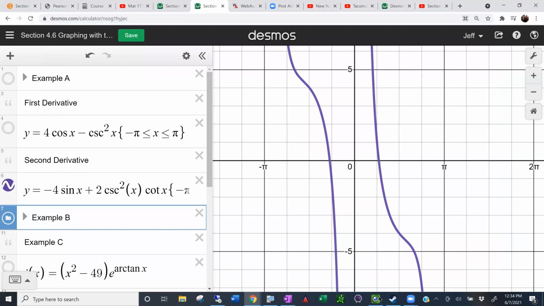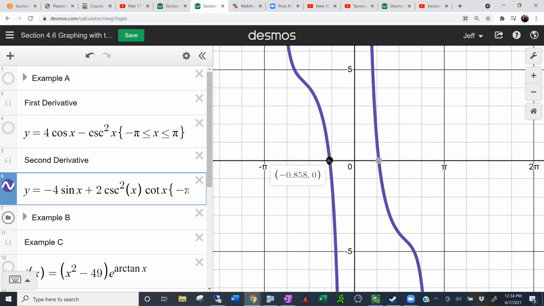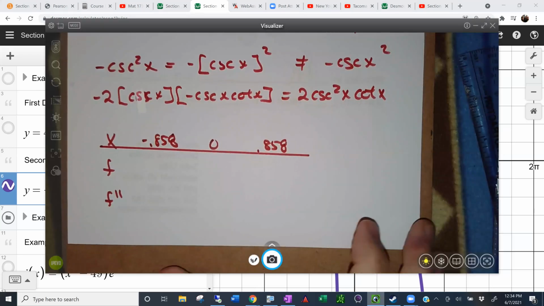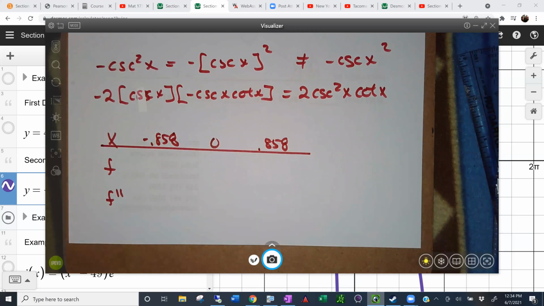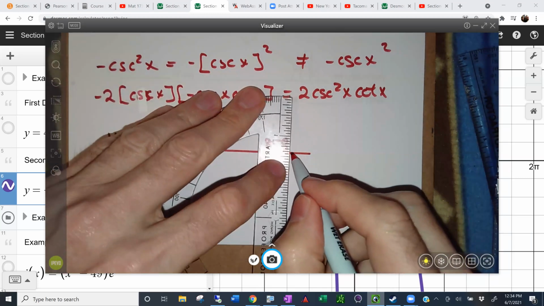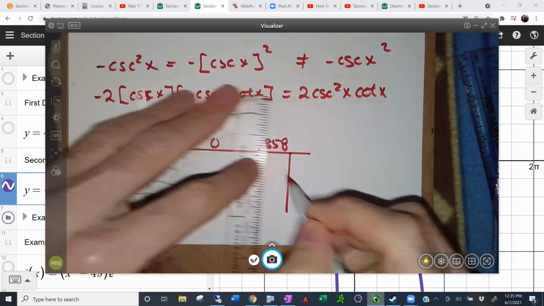We need to include negative 0.858, 0, and positive 0.858. So here's my table. Let's see if we can organize some information around this.